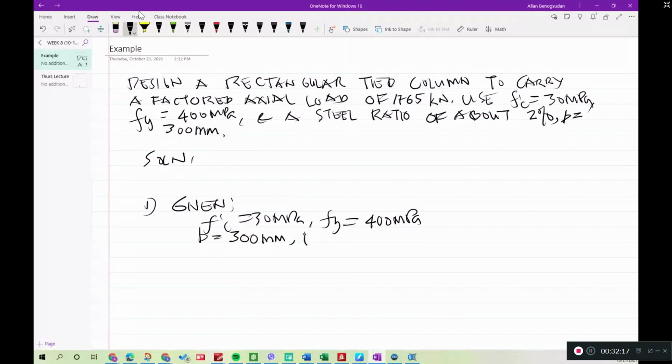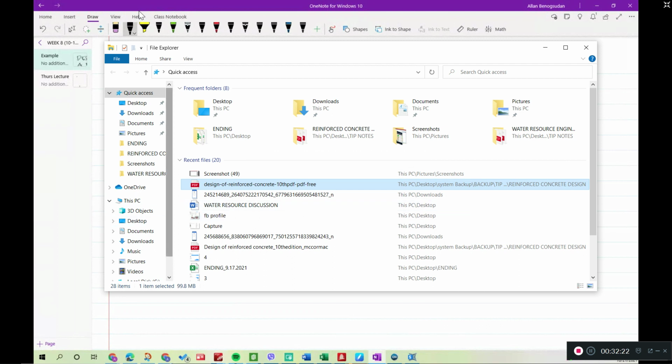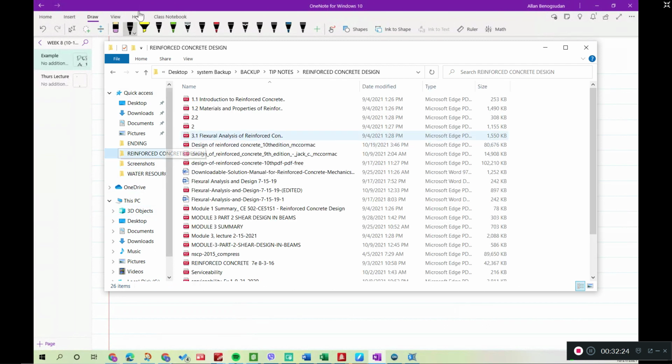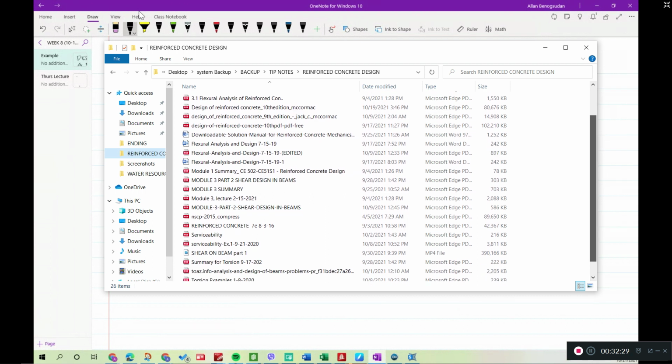And you can see when you write the given, sometimes it can help you review what's given in the problem. I think that's the purpose of writing down the given of the problem.